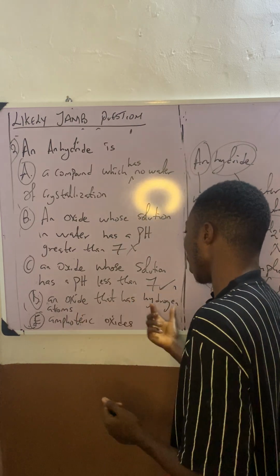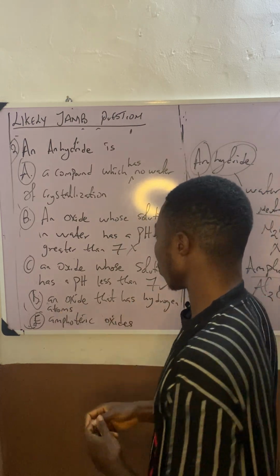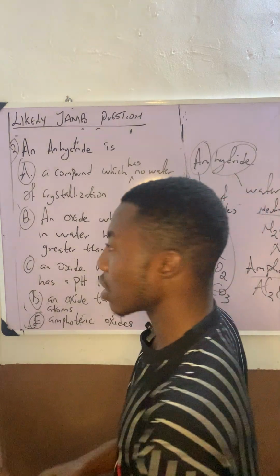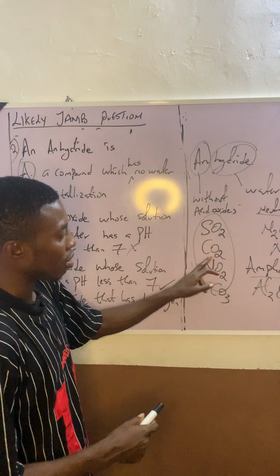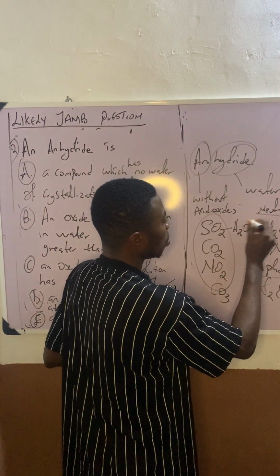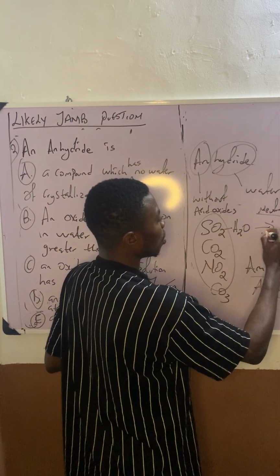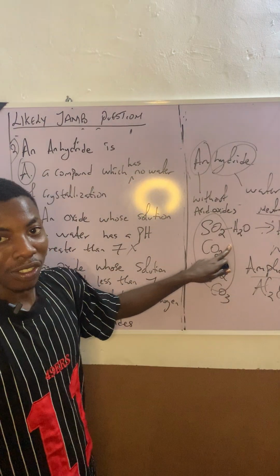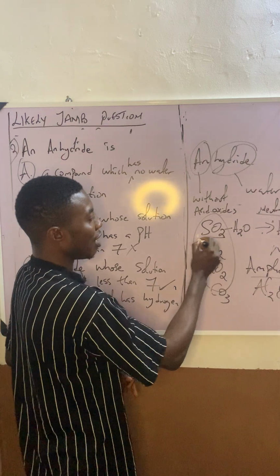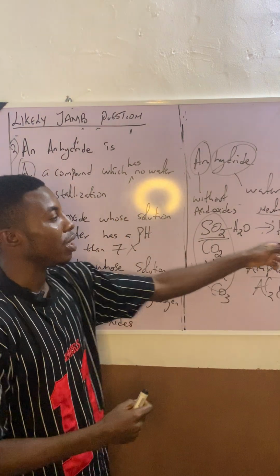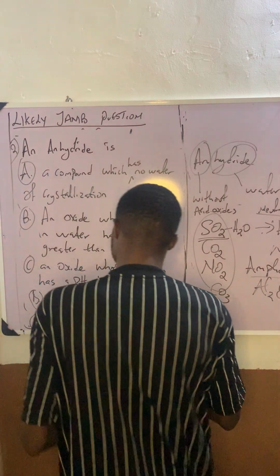An oxide that has a hydrogen atom. First, the oxide at first does not have a hydrogen atom. It's when this reacts with H2O that you can now form what? H2SO4. Did you see it now? So this does not actually have this at first. It's when it reacts with water that it will now have that.